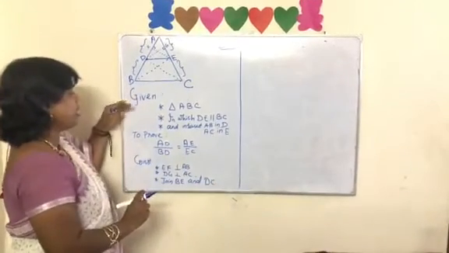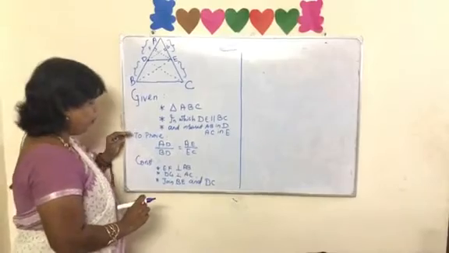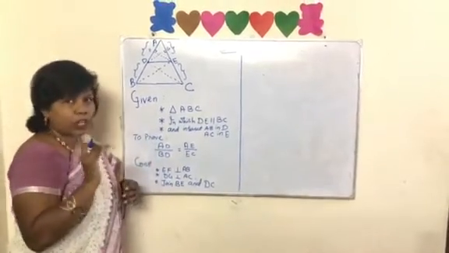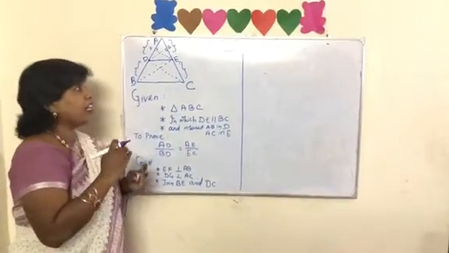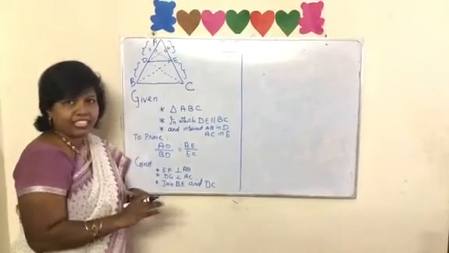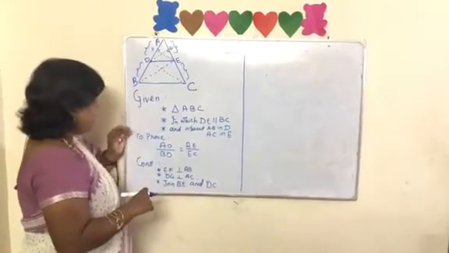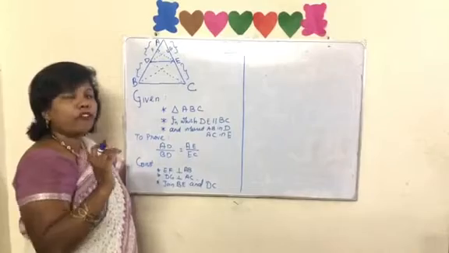That's all, the first step is over: given, to prove, construction. The statement I didn't write, but it's in the question. If they give it as BPT, you should write the statement. The statement also carries marks. Then, after finishing this, I am going to go for the proof.